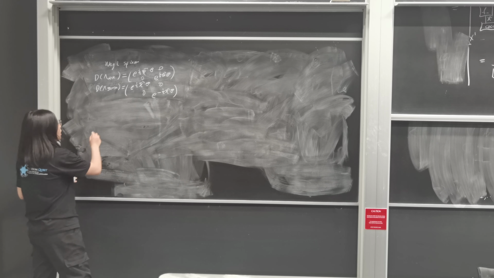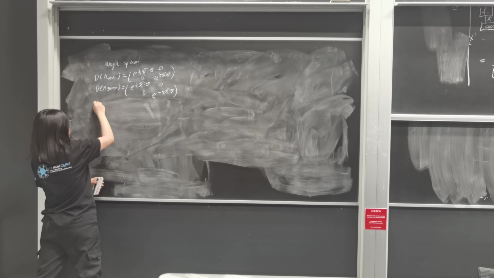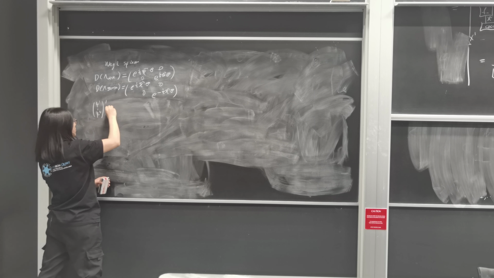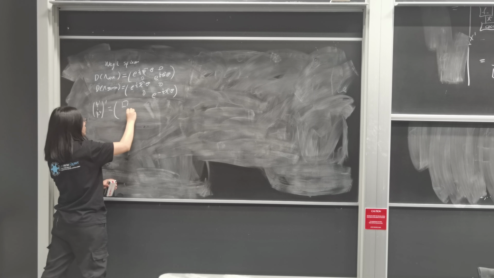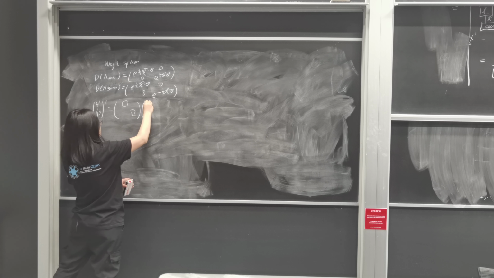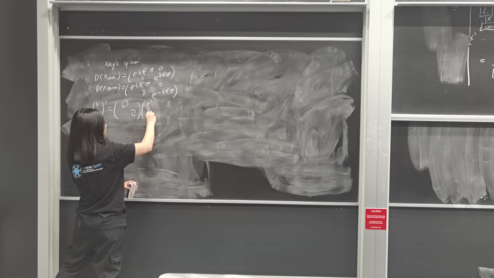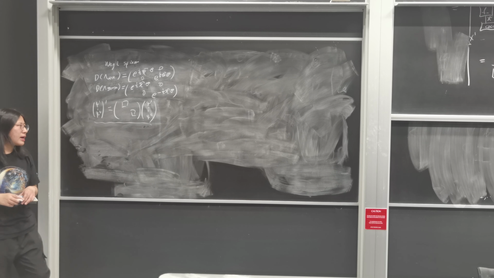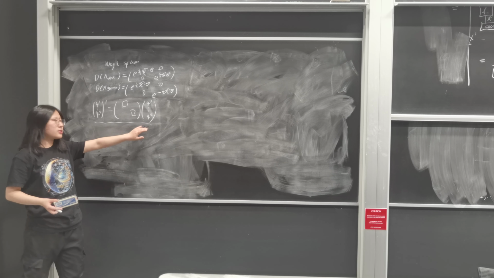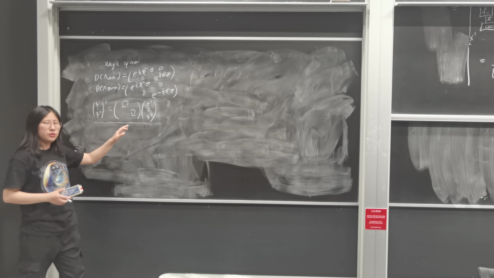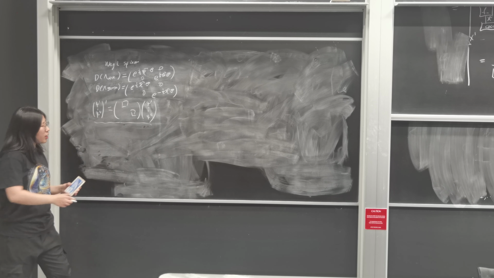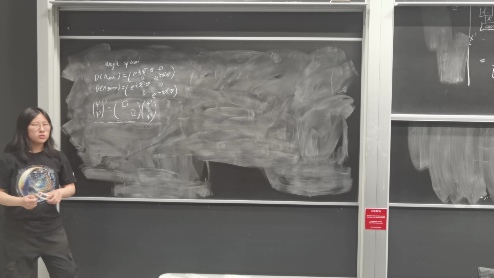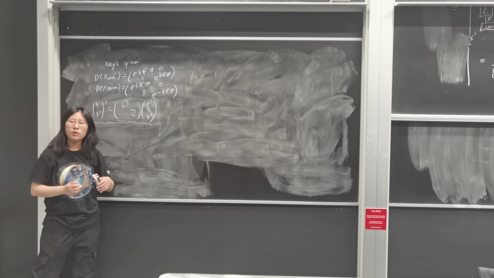If we have this transformation, like psi 1 to psi 4 prime equals some block diagonal matrix times psi 1 to psi 4, what does this mean? It means that the Dirac spinor is a reducible representation of the Lorentz group because it can be written as some block diagonal matrix. So it is reducible.